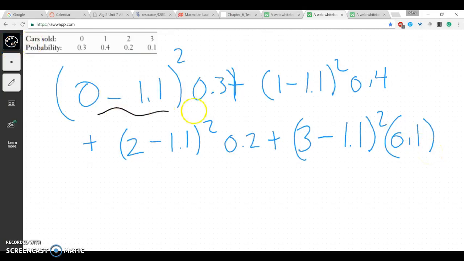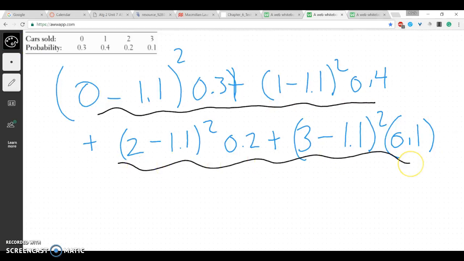Then after we do all of this calculation, we are going to get our variance.